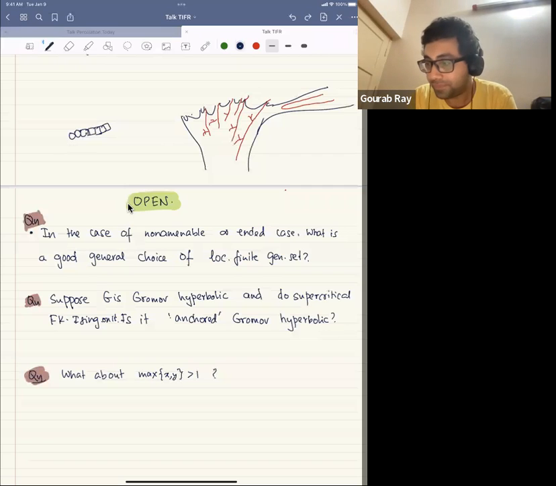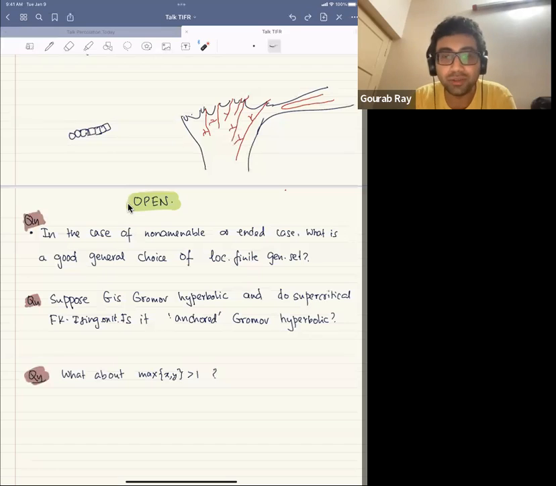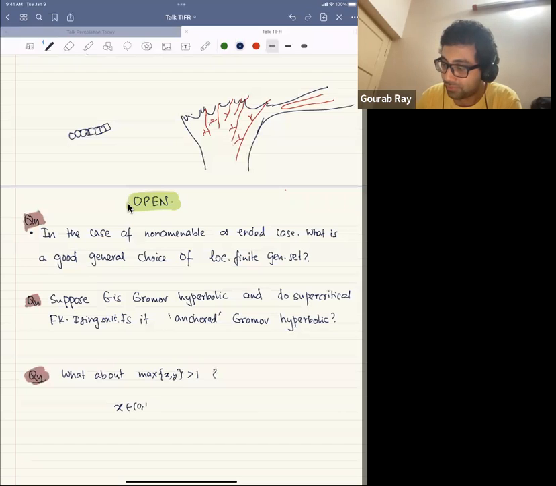Yeah, exactly. Okay, so let me also mention this thing. This coupling which I talked about with the FK Ising only works if x is between 0 and 1 and y is between 0 and 1. So even understanding the loop O(1) model beyond these two settings, like even the existence of infinite clusters, is I think open.